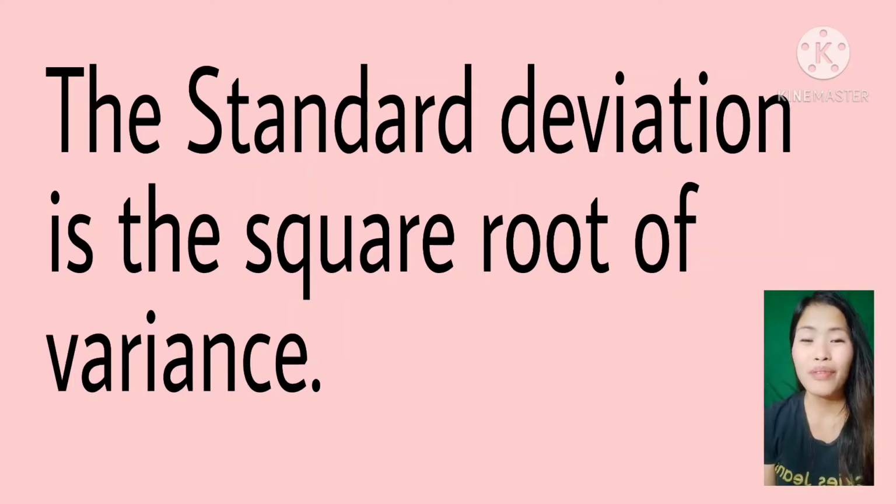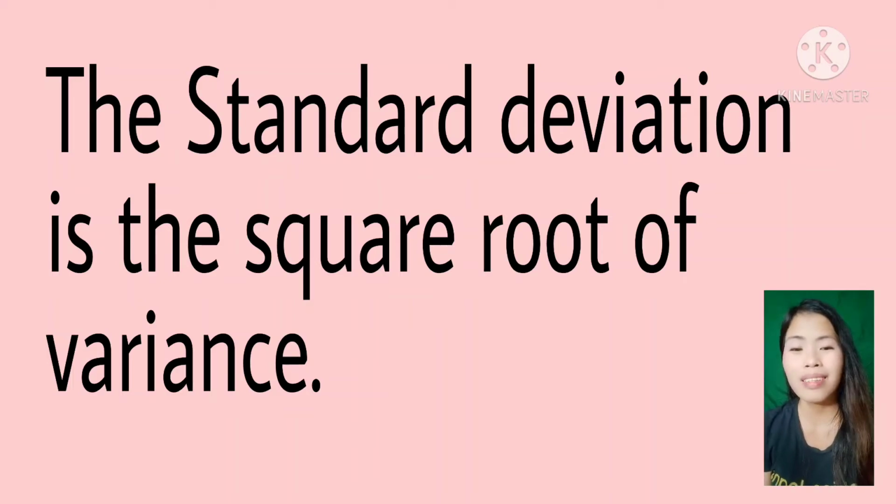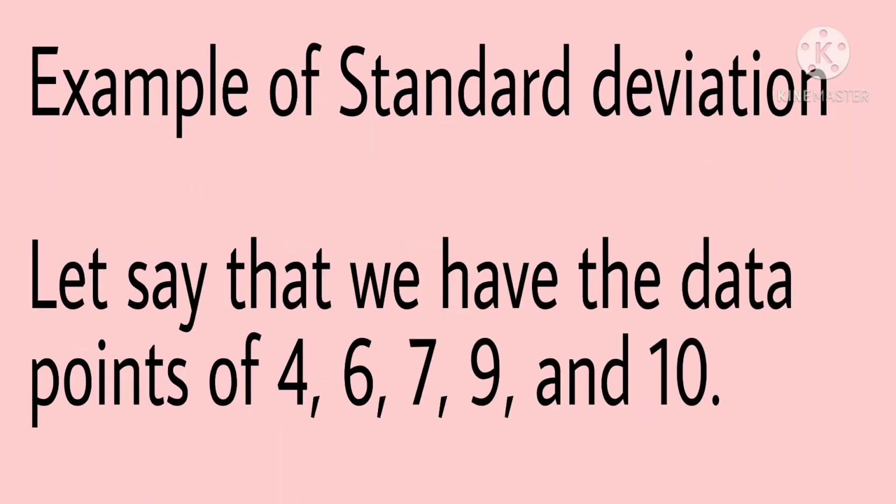Maybe you are a little confused about how standard deviation is the square root of variance, so I prepared a little example of how to get the standard deviation through the square root of variance. Here is an example of standard deviation.